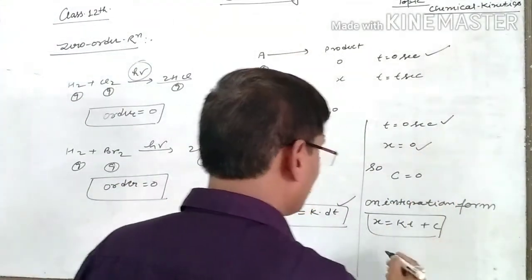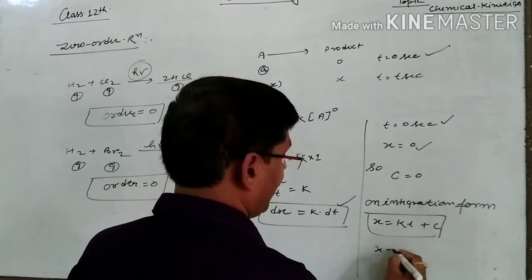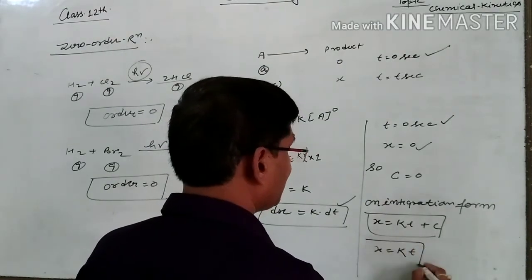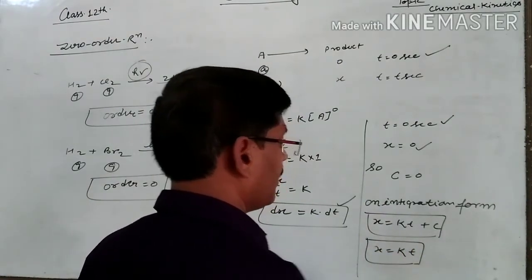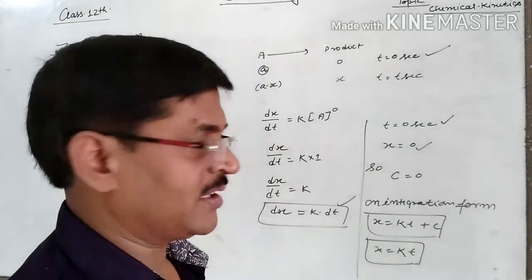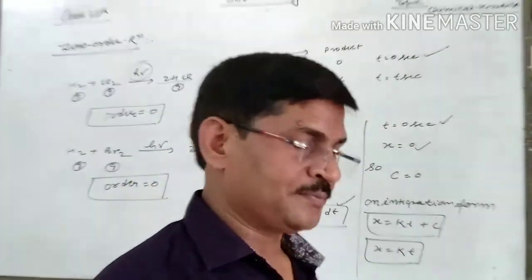If I put this value here, x is equal to kt. So this is the final formula for the zero order reaction: x is equal to kt.